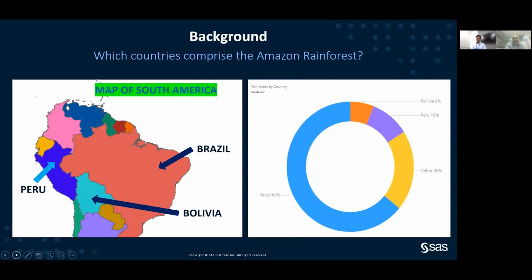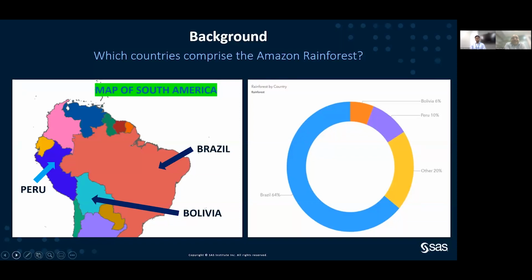Despite its acknowledged importance, unchecked deforestation is taking Amazon closer to its tipping point. What do I mean by tipping point? It is taking the rainforest to a point where it might no longer be able to generate its own rainfall and support its own ecosystems.